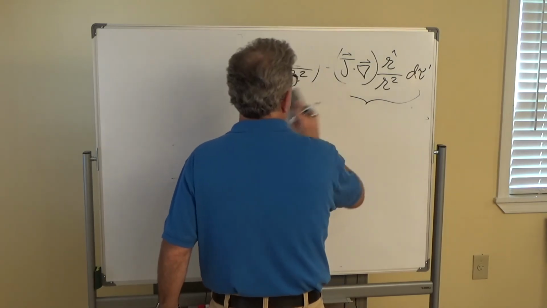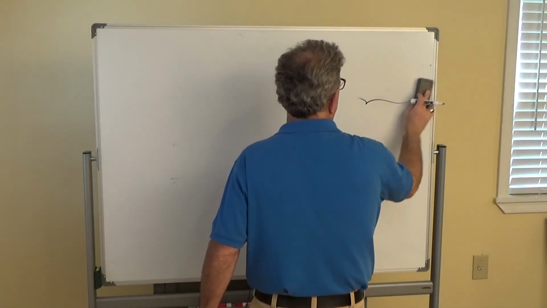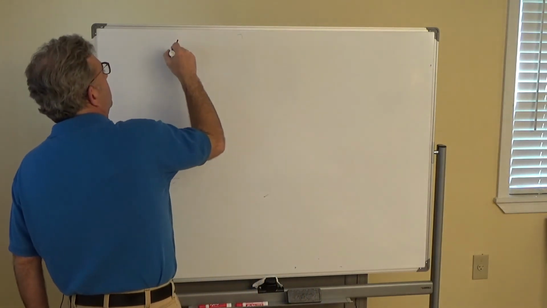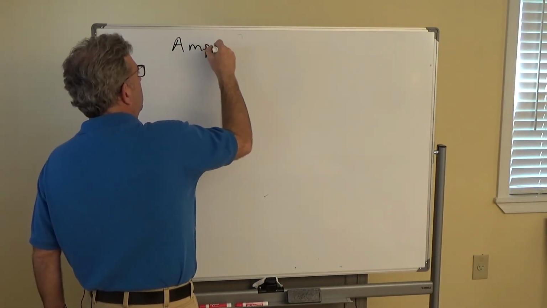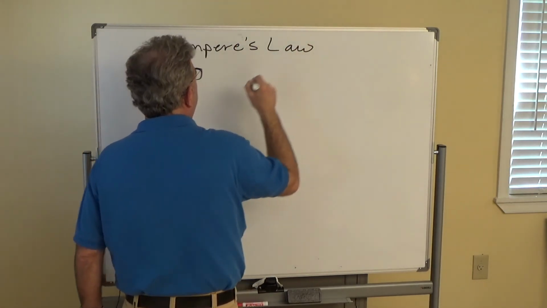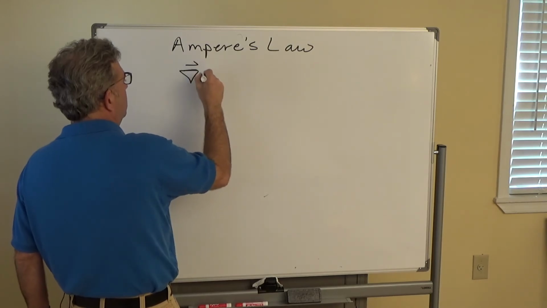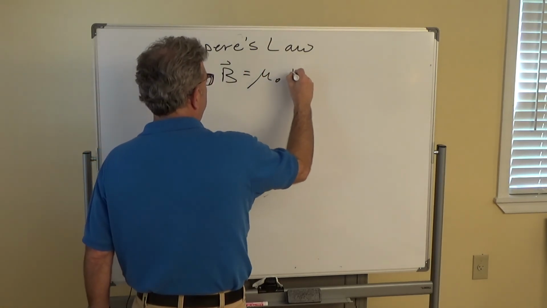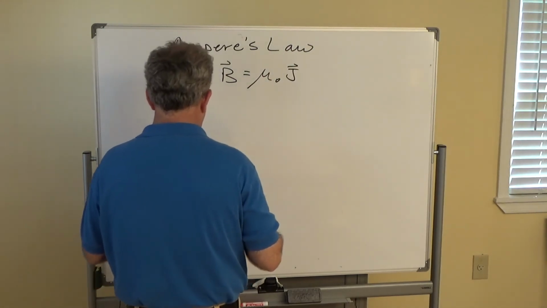Okay? So this is Ampere's law, so-called, named after Ampere. Ampere's law is del, or the curl of B is equal to mu naught J. Okay?